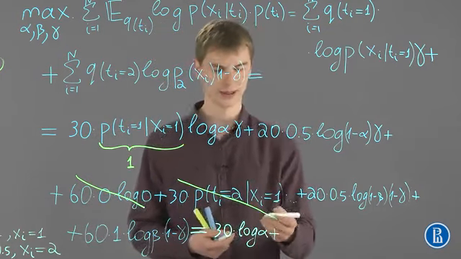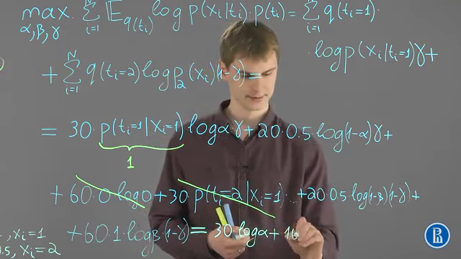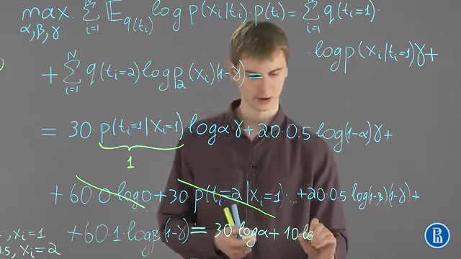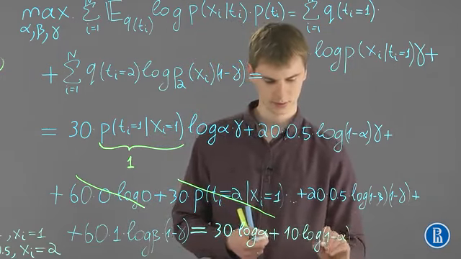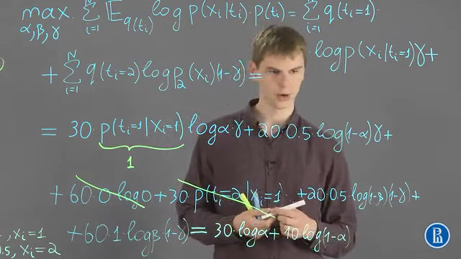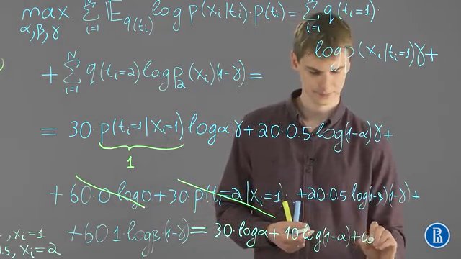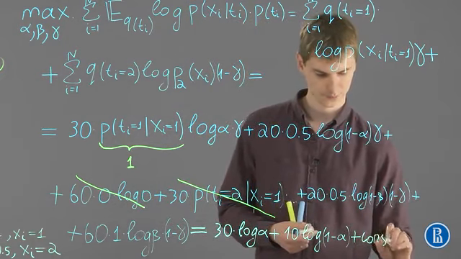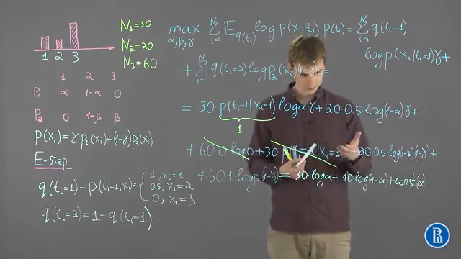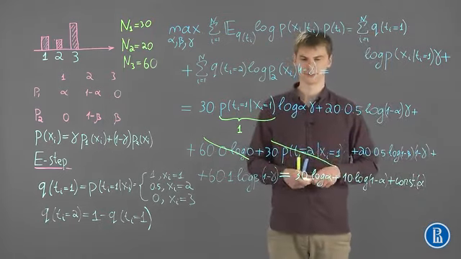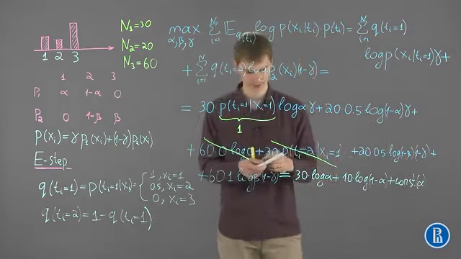And now we want to maximize with respect to alpha. So plus 10 times logarithm of 1 minus alpha. And there are no alphas anywhere else. So plus a constant with respect to alpha. And we want to maximize this expression. How can we do it? Well, let's take the gradient and set it to 0, as usual.